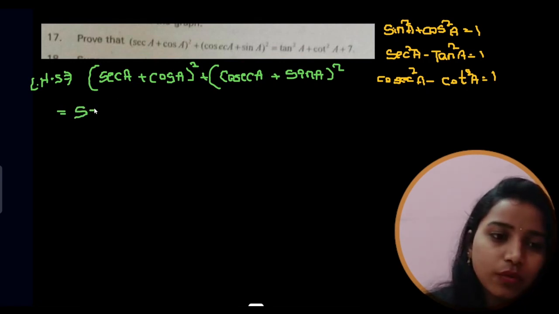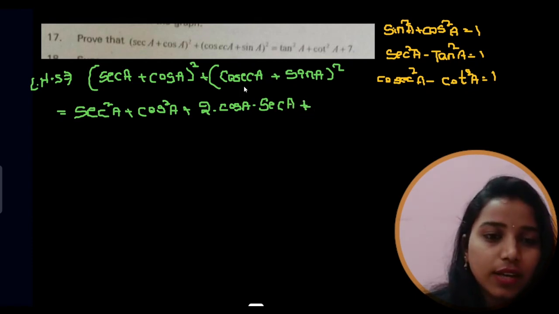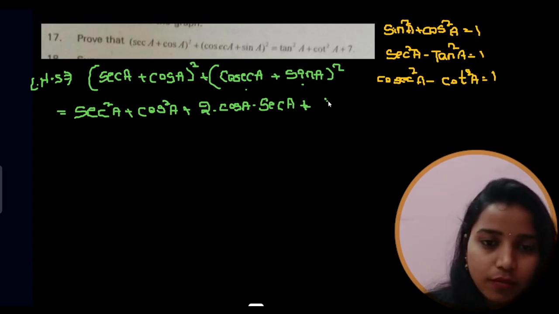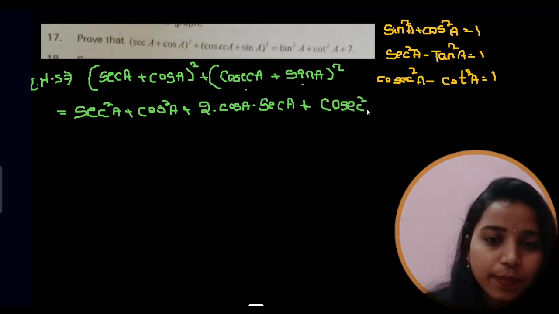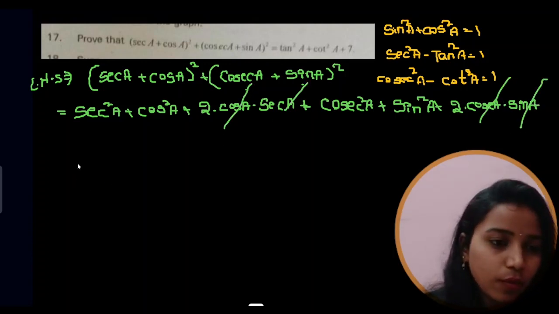The a plus b whole square formula: a square plus b square plus 2ab, plus this is the first square, and the next square is also a plus b whole square, right? Then what is it? Sec square a plus cos square a plus 2 sec a cos a, plus cosecant square a plus sine square a plus 2 cosec a sine a. Got it? These two are reciprocals, and again these two are reciprocals, so we will get value 1.